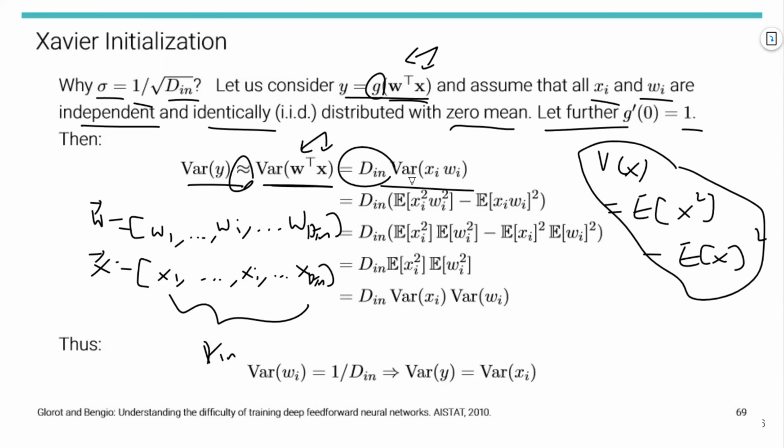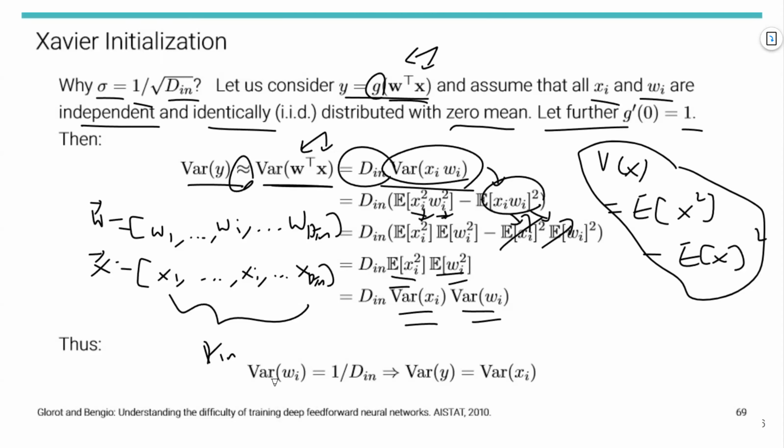So you can expand this variance into this equation. And because we just assumed that xi and wi are independent, we can separate this like this. And we also assumed that xi and wi have zero mean, so we can remove this part. This one corresponds to the variance of xi. This one corresponds to the variance of wi.